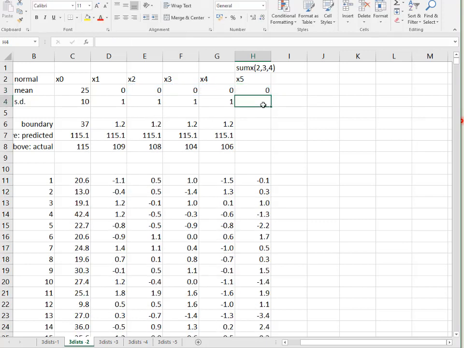The standard deviation, remember, is not just this plus this plus this, because the variance would be equal to this squared plus this squared plus this squared. Because they're independent, the variance of a plus b plus c is equal to the variance of each added together, minus the covariance.